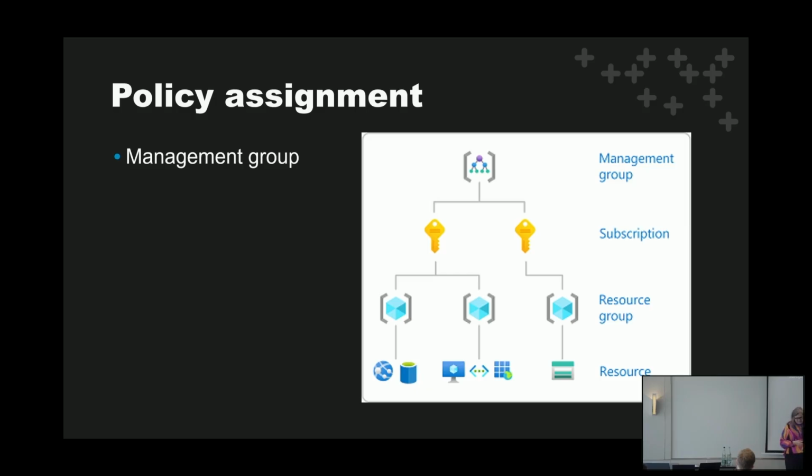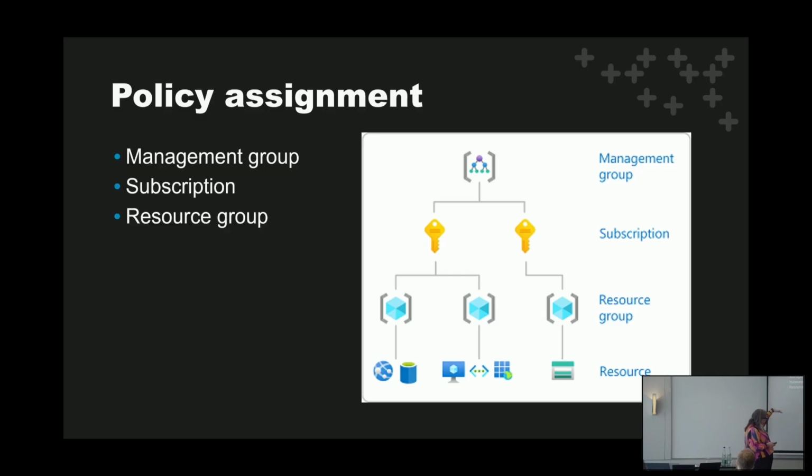If we have more than three subscriptions, like one dev, QA, test, and production, or multiple dev, multiple QA, multiple production, or multiple team subscriptions, whatever, then we really want to look into management groups so we can apply the policies overall. So all the dev subscriptions have the same policies, etc. That could be really good to do. So we can add it on a management group, and it's going to ripple down to all the things under.